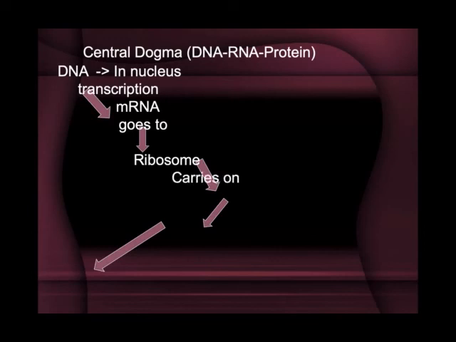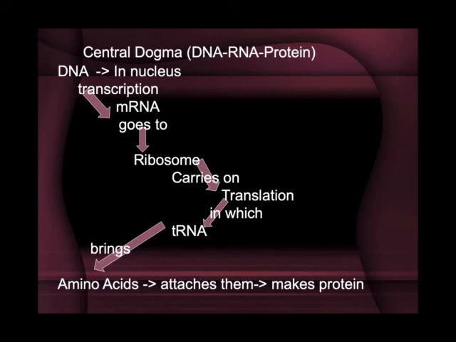The ribosome then carries on translation, in which tRNA brings amino acids and attaches them to each other, and it makes a protein. So that little flow chart is really the central dogma in a nutshell, giving you an overview of all the different processes and what the products are and what ultimately comes from it, which is a protein.